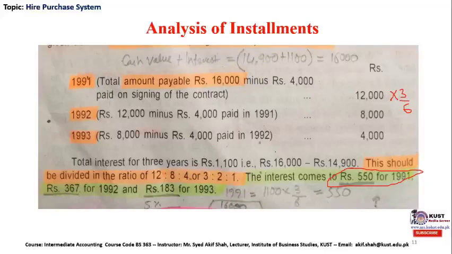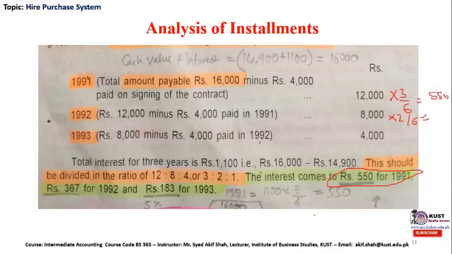So out of 6 parts, 3 parts were allocated to the first outstanding balance. Similarly, for the next year, 2 parts out of 6 were allocated to the second year for calculating the interest charge, and the resultant value for the first year is 550 by this formula.